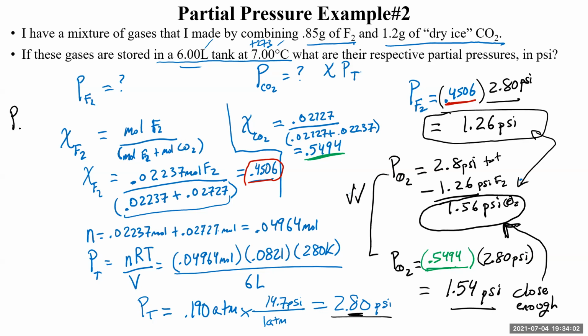So for the pressure of fluorine equals moles of fluorine, RT divided by V, and then the pressure of carbon dioxide equals moles of carbon dioxide, RT over V. Now the R, the T, and the V are all exactly the same. And so you could do that.